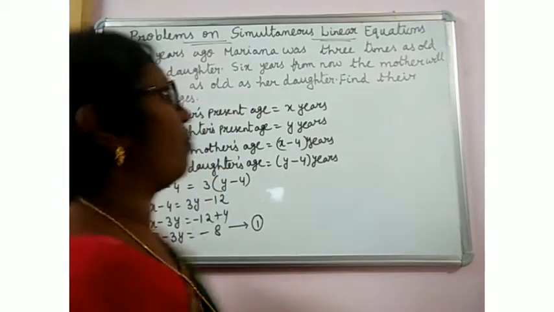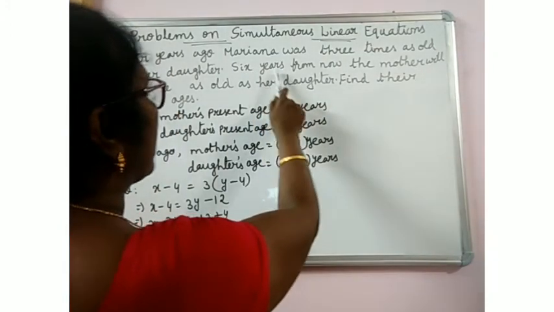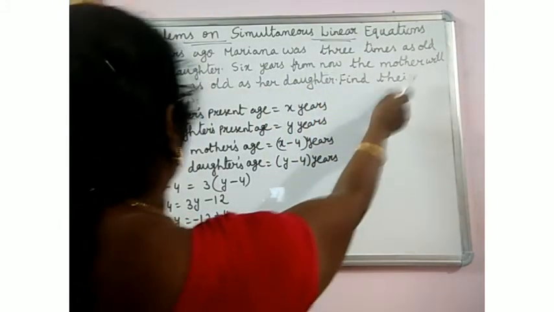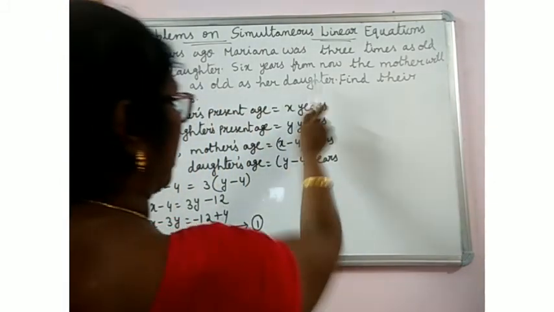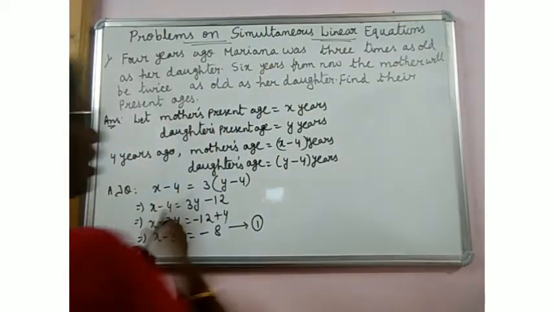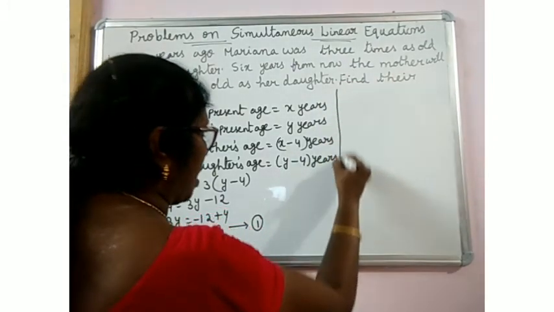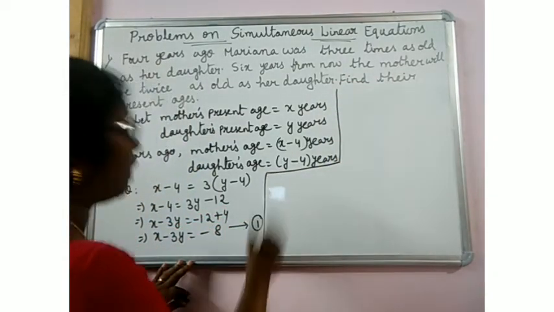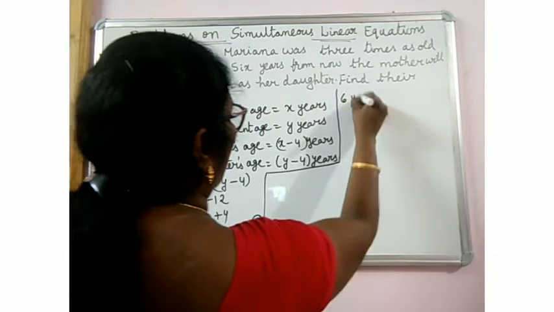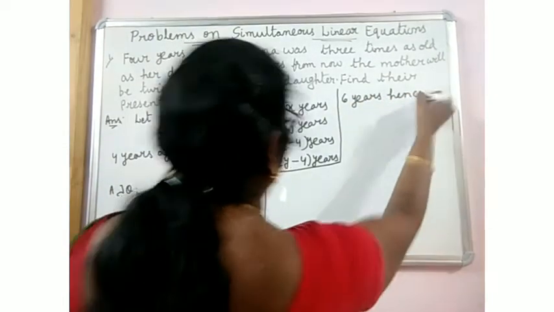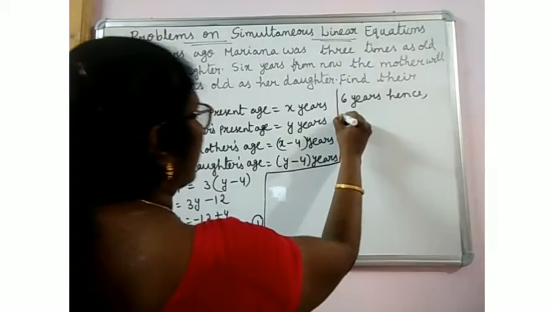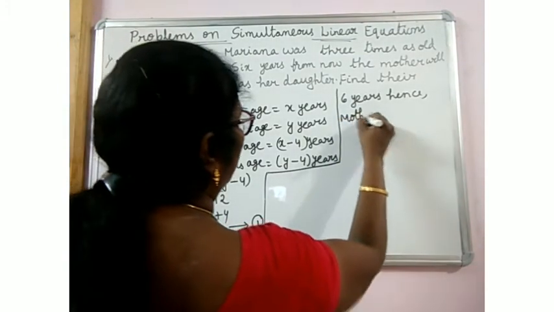Now, 6 years from now, the mother will be twice as old as her daughter. Again for this statement, let us frame the equation. 6 years from now means after 6 years.